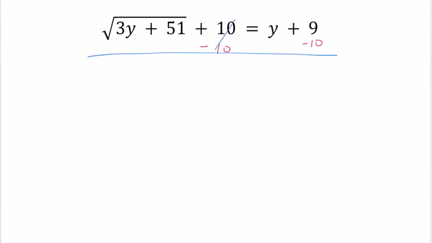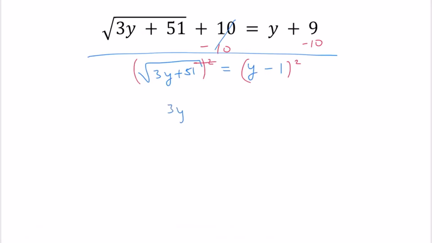And we have the square root of 3y plus 51 is equal to y minus 1. Get rid of the square root, so square on both sides. The square and the square root cancel out.